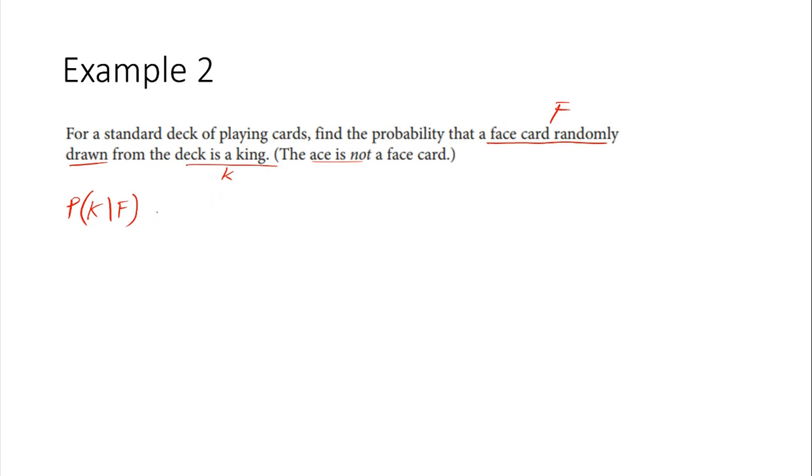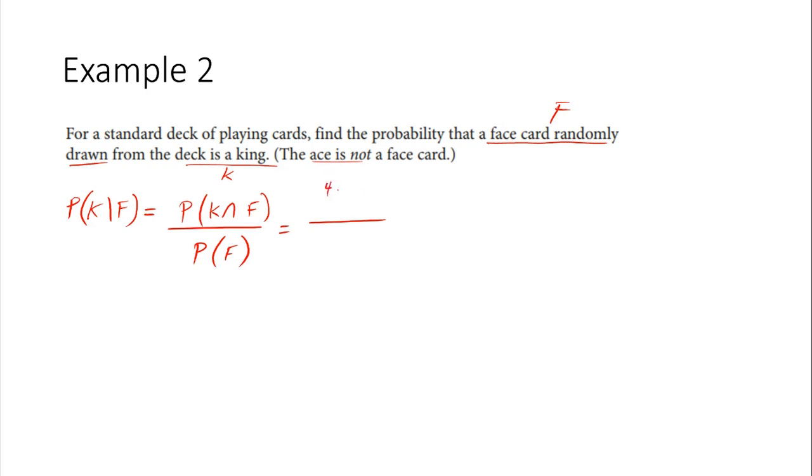So the probability of drawing a king, given that it's a face card, has to be the probability of the king intersecting the face card, because it has to be both, since a king is a face card, divided by the probability that it's a face card. I'm taking care of the numerator, the probability of K intersecting F. How many kings are there?